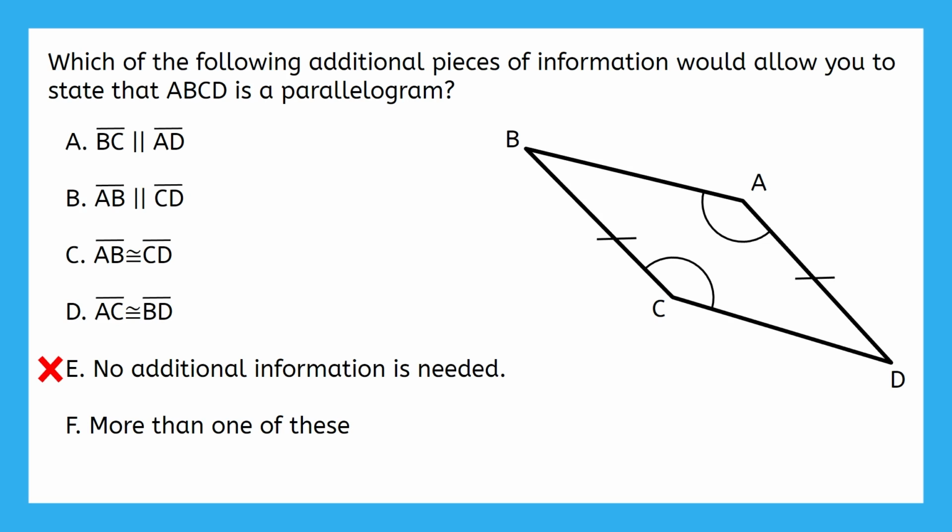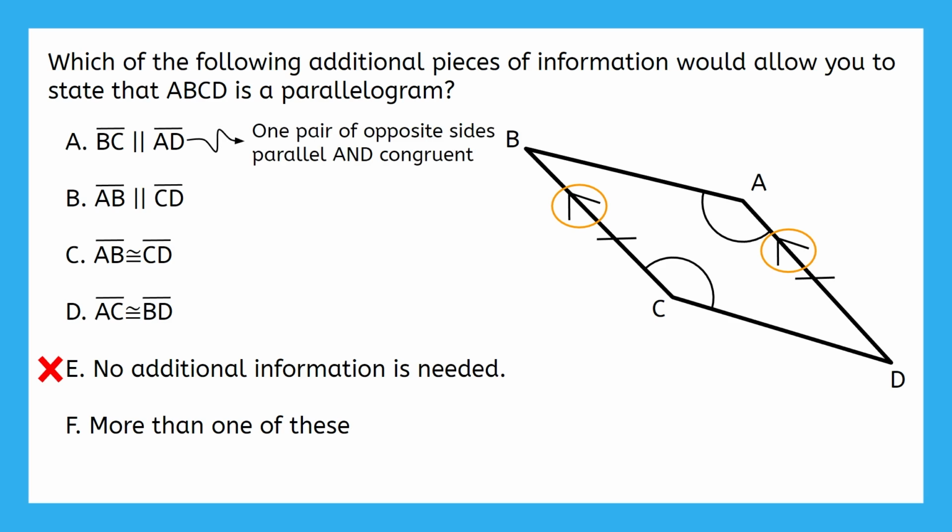First, A says BC is parallel to AD. That would change my drawing by adding in these parallel symbols. Is this enough information to state that ABCD is a parallelogram? This gives me that one pair of opposite sides are both parallel and congruent. So this is enough information to say that ABCD is a parallelogram.